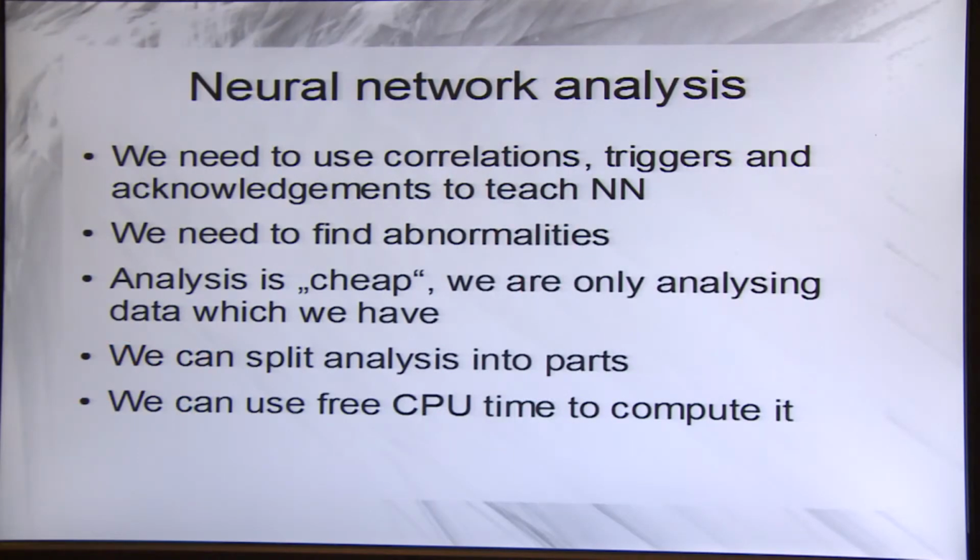So this is bad, and I can teach the network without a user what's bad and what's good. And to ignore the false positives, we have acknowledgements. So I can say, okay, this trigger was not as hot as it looks.